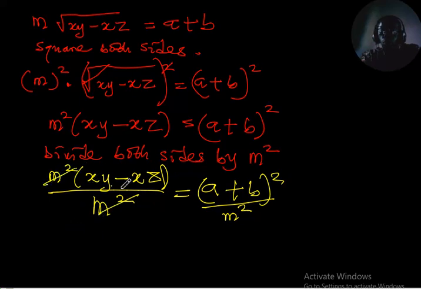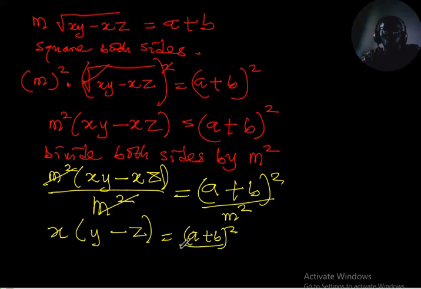If you look at this first part, x is common to the bracket. Factorize x out, you'll be left with y minus z equals a plus b squared over m squared.